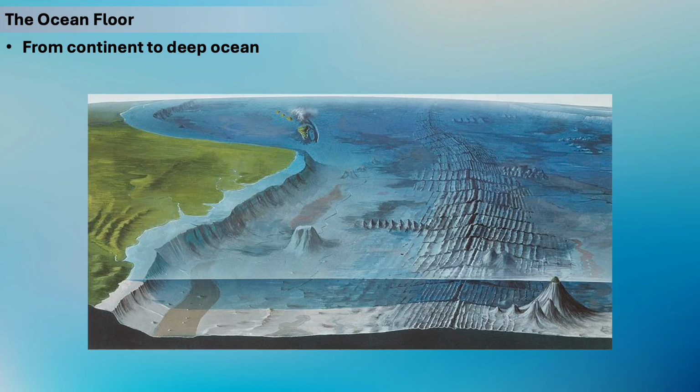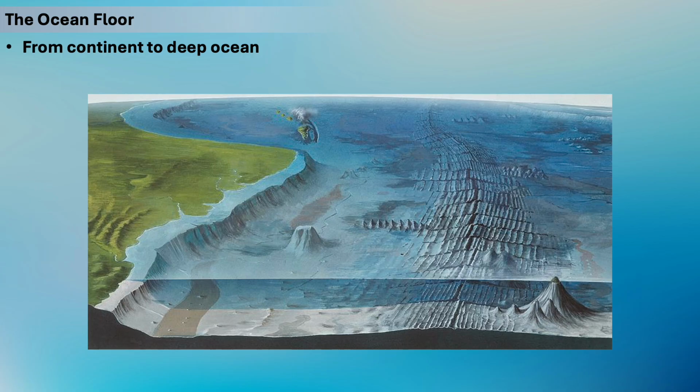A helpful way to understand ocean topography is to imagine a cross-section across an entire ocean basin, starting on land, moving offshore, crossing the deep ocean, and ending at the far edge of the basin. Along the transect, we encounter a predictable sequence of features.